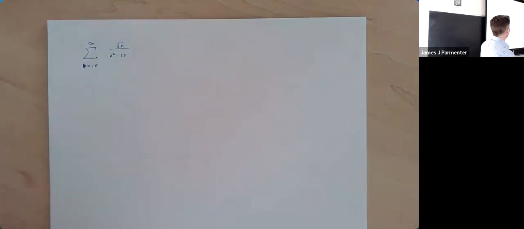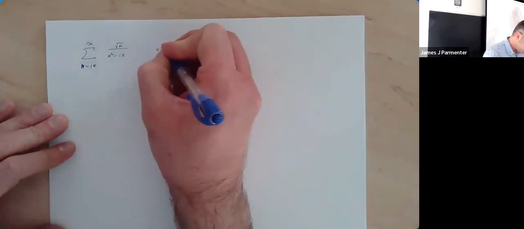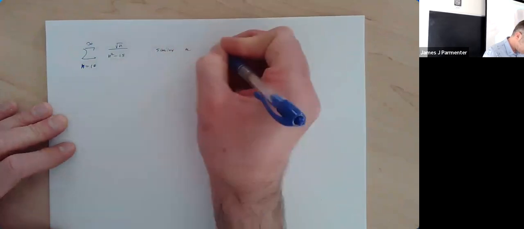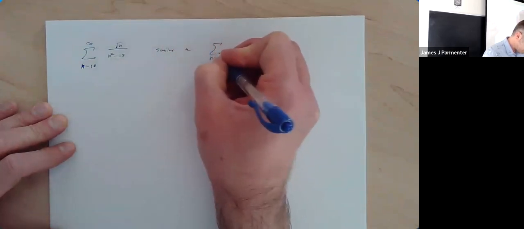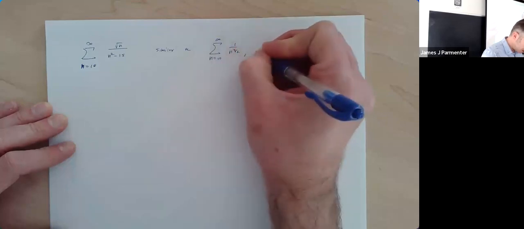So the issue here, as we said, is this is similar to the sum from n equals 10 to infinity of just 1 over n to the 3 halves, which is convergent.